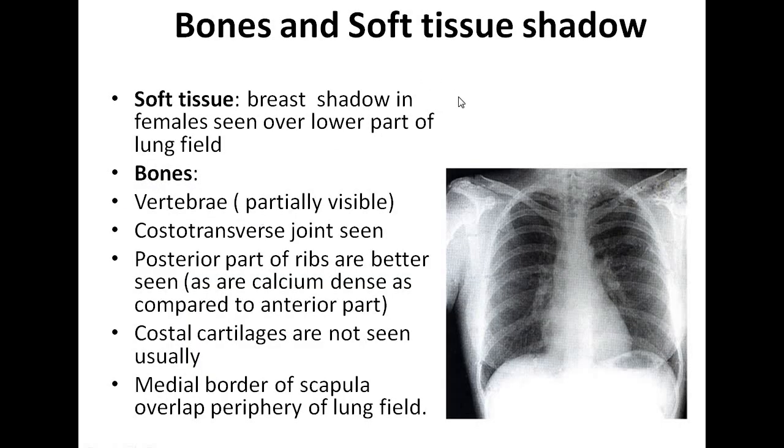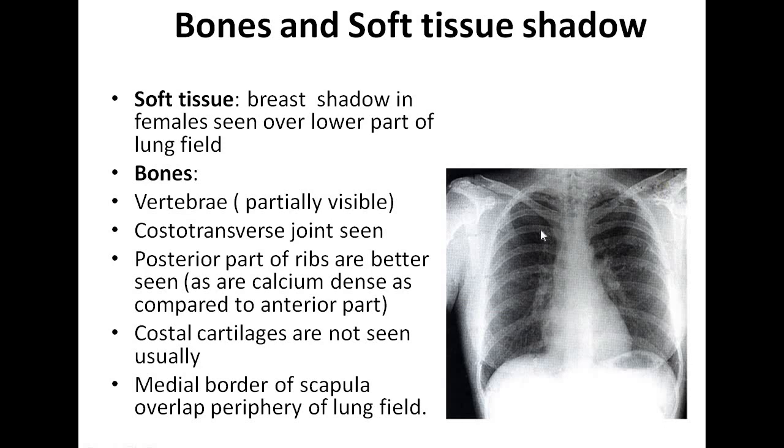Now bones and soft tissue shadow in the thorax X-ray. Here you can see the breast shadow, which is more prominent in females and is seen over the lower part of the lung field. The bony shadows are produced because of the calcium content of the bones, which are radio opaque. The vertebral bodies produce this bony shadow, however they are partially visible.